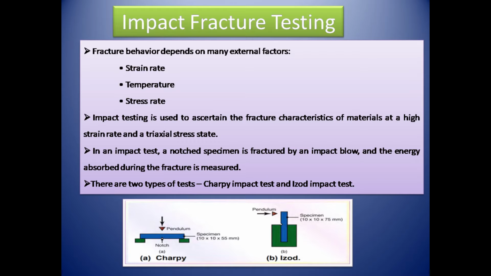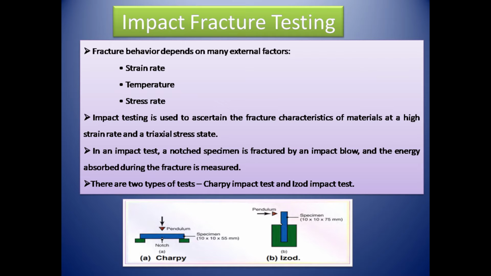Now, in case of the Izod test, the specimen is 10 mm square and 75 mm long, having a V-notch which is 2 mm deep with a 45 degree angle. These are the required parameters for the Izod impact test.